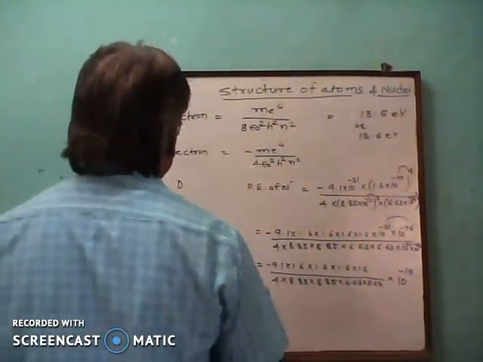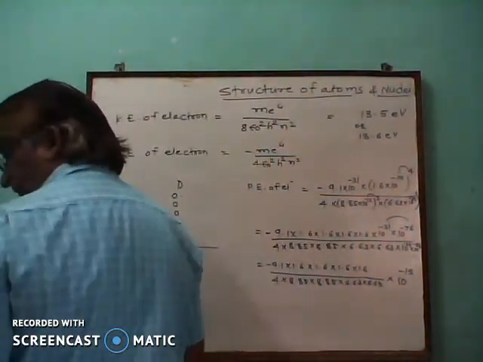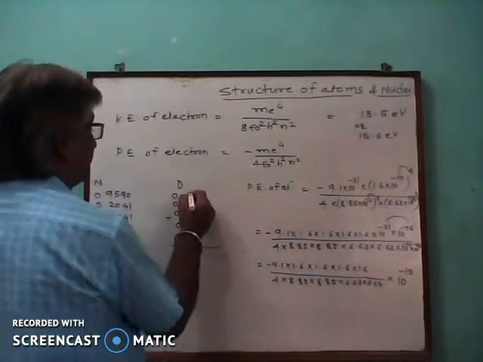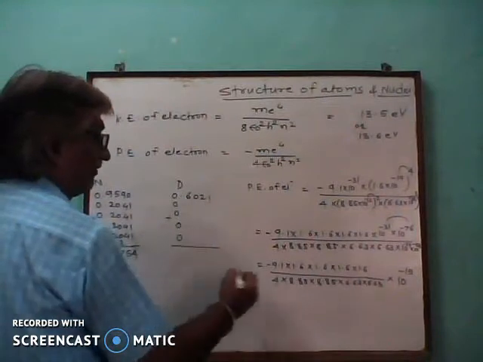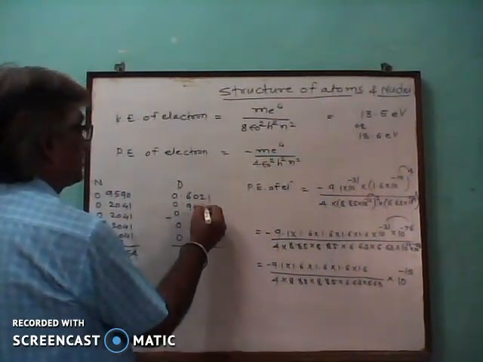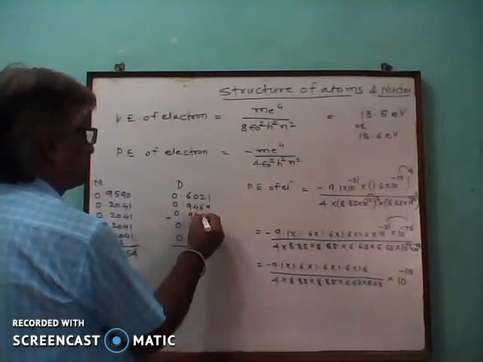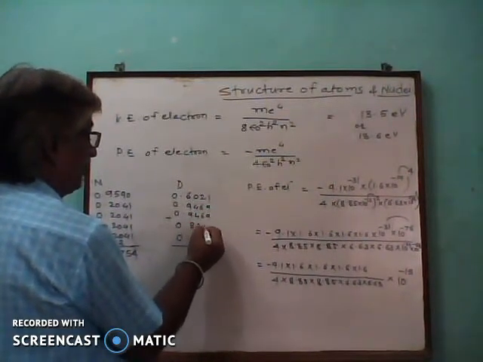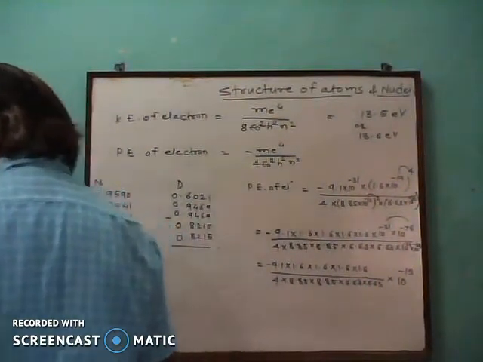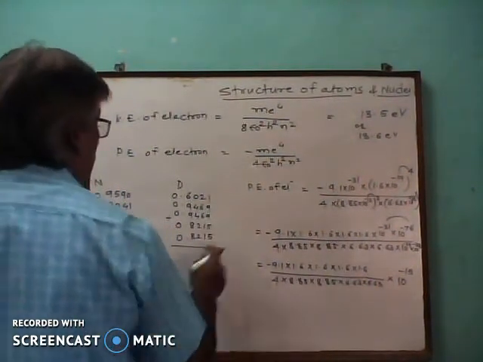Whereas here, 4 has 0.6021, 8.85 has 0.9469 twice, and 6.63 has 0.8215 twice. If we add, what happens?